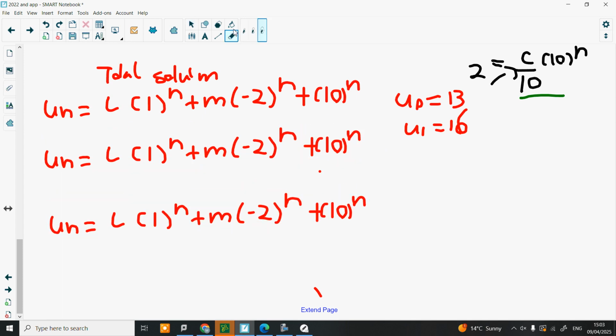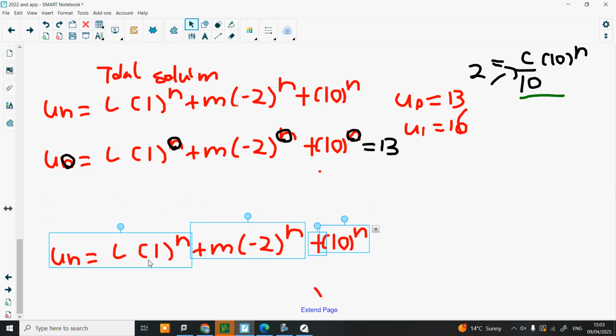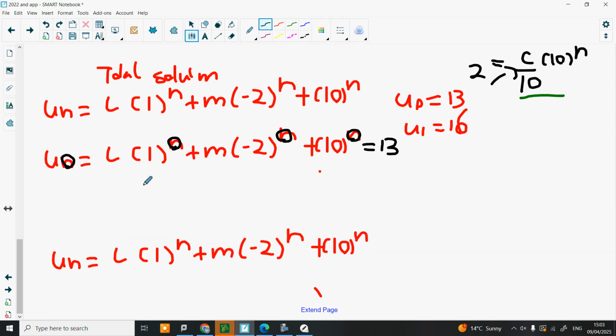Right. Now, let's turn everything into zeros. So what do we think happens there? L plus M, that's a plus 1, isn't it? Goes over your side equals 12.